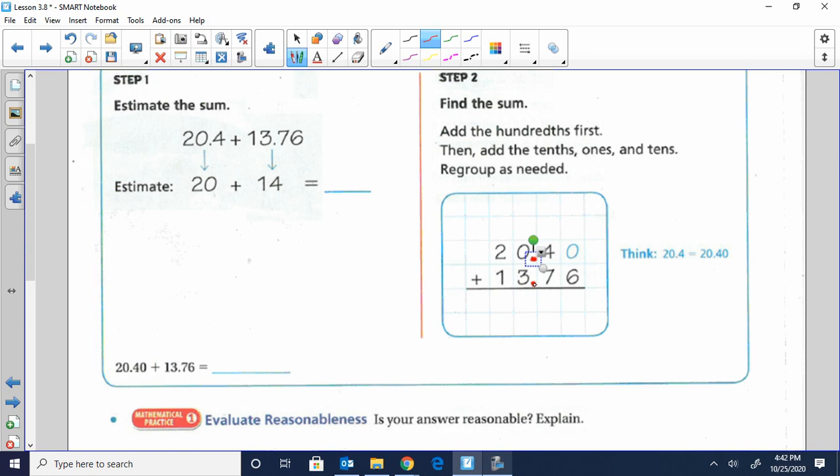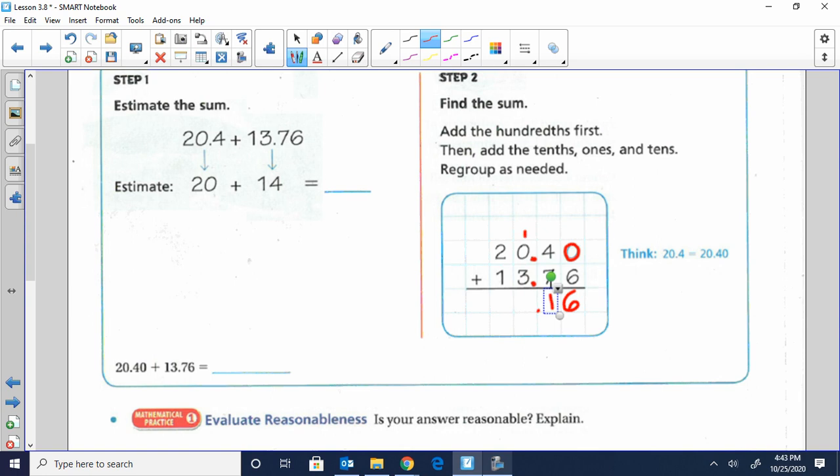Now, because there's only 4/10ths, they added a 0 in the hundredths place, so that both numbers will have digits to the hundredths place. Now, we can go ahead and add, since we've lined up our decimal and added any necessary zeros. 0 plus 6 equals 6. 4 plus 7 is 11. Carry our 1 to the ones place.